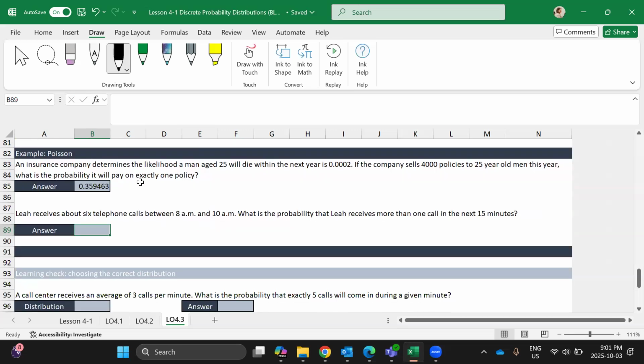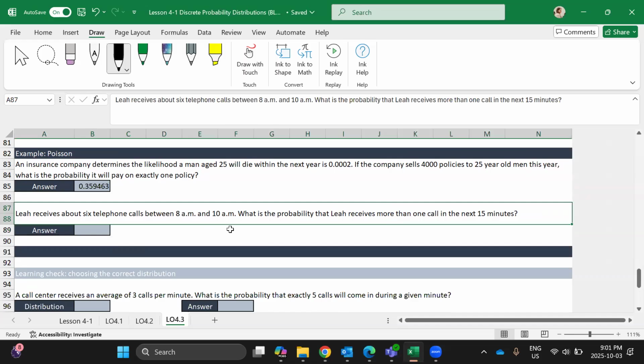We have another related question. Leah receives about 6 telephone calls between 8 a.m. and 10 a.m. What is the probability that Leah receives more than one call in the next 15 minutes? This one's a bit tricky because the interval of 6 calls between 8 a.m. and 10 a.m. is given in hours, but the other interval is given in minutes, the next 15 minutes.